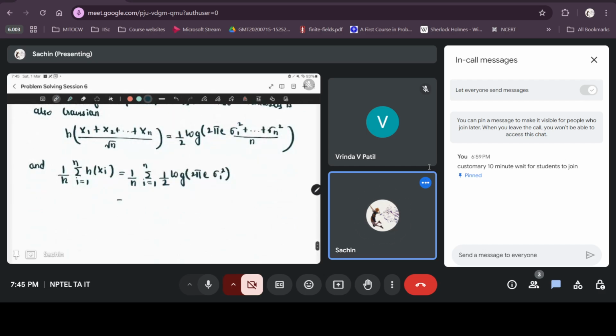So in the summation, you can take the half outside, and 1 over n times summation of log 2 pi e sigma i square.